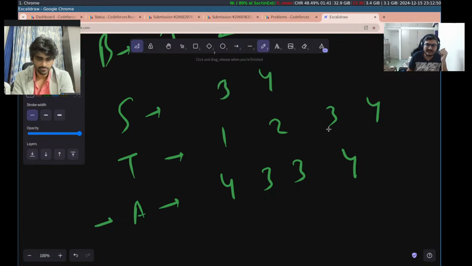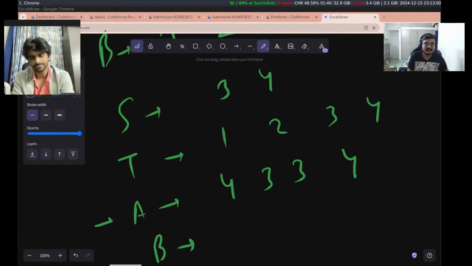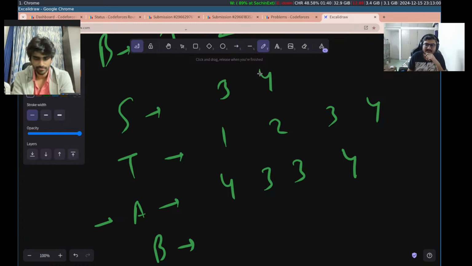And set T contained all the numbers from 1 to n. Now he is creating array B. He first looked at the number 4. This number 4 still exists in set T, so he removed it from here and added 4 here. We are good here. Now he moved on to the next element 3. 3 appears in set S, so he removed it from here. He removed it from here too.